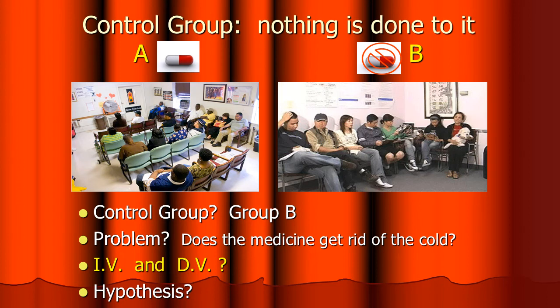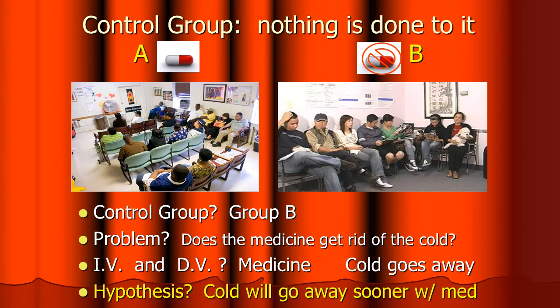So in this case, it would be how long the cold lasted. And what would be your hypothesis here? What do you think is going to happen? Well, I would say that probably the people that get the medicine, hopefully if this is a good drug company, their cold will go away faster.